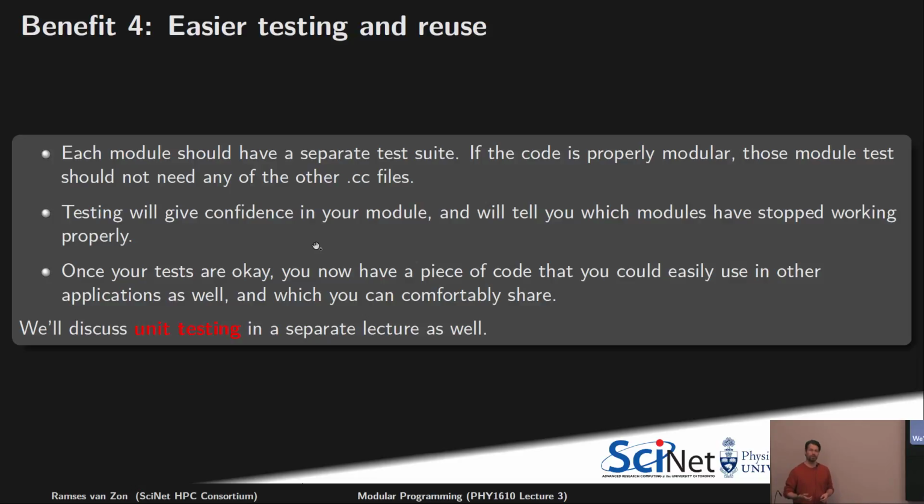You can see if it does what it's supposed to do in a controlled environment, rather than having just this one application code that at some point breaks. Something breaks. Who did it? What's wrong? I can test the different pieces separately, and I can do that because they're modules. They don't rely on the rest of the code base. They're just a separate function, and I can give them some test input, and I know what's supposed to come out, and I can check that. So it's easier to test.